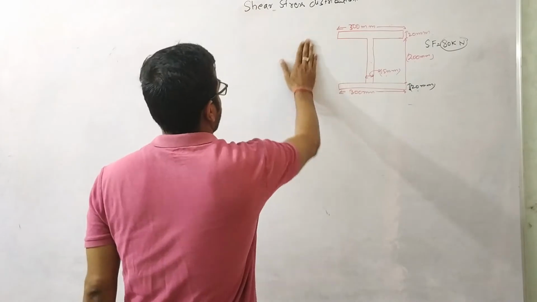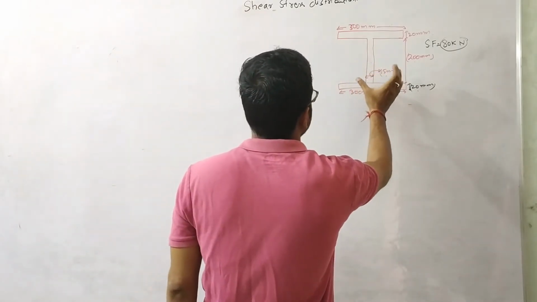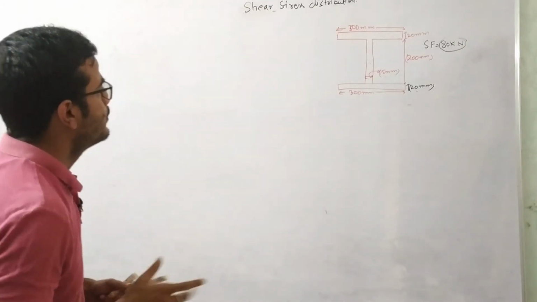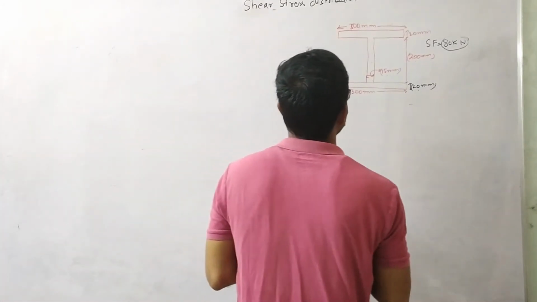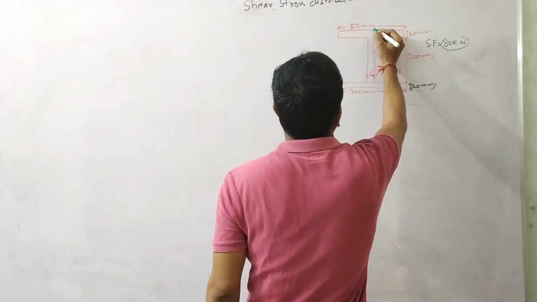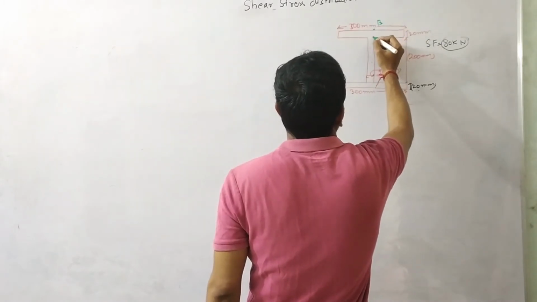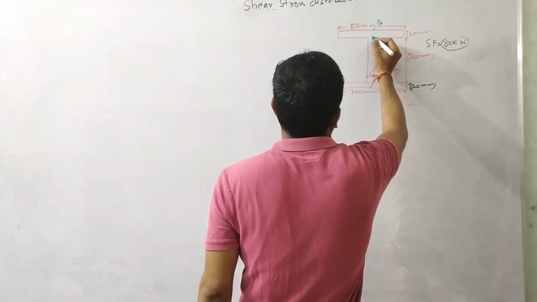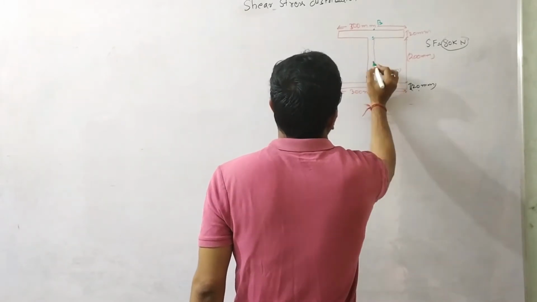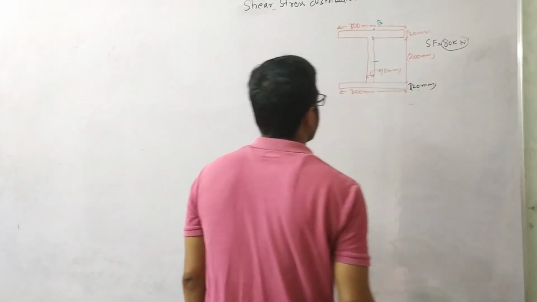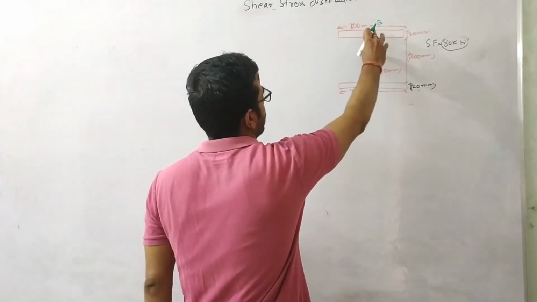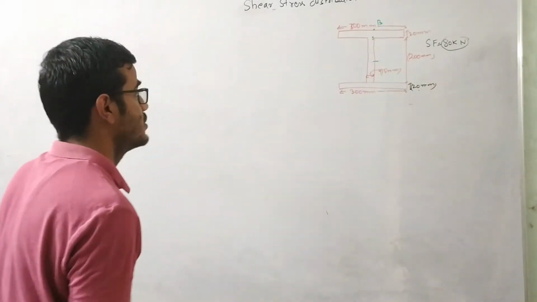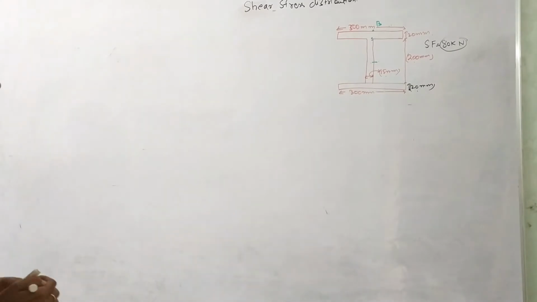I need to calculate the shear stress distribution for this I-beam. The points where I will calculate the shear stress are this top point B, just above this junction and just below this junction, and at the center point. This section is symmetrical, so the response for the above portion will be the same for the below portion, using the concept of symmetry.